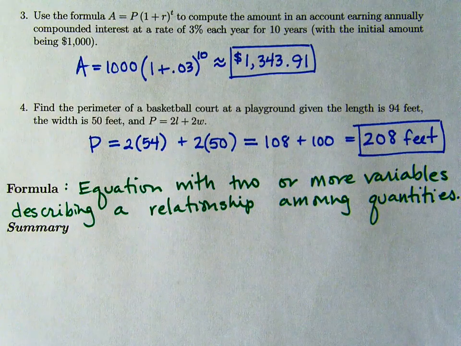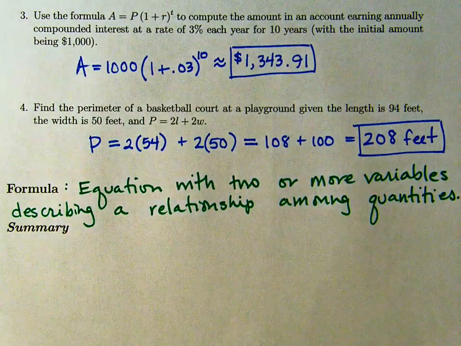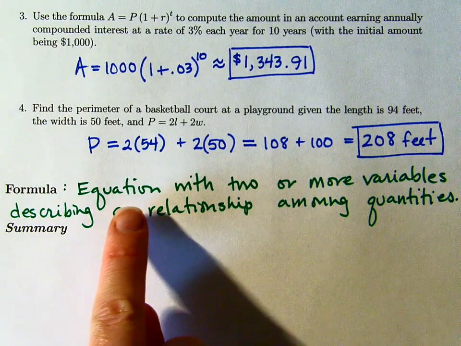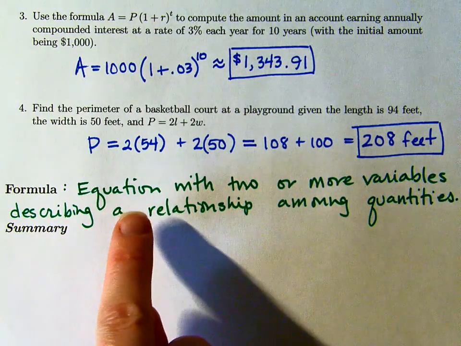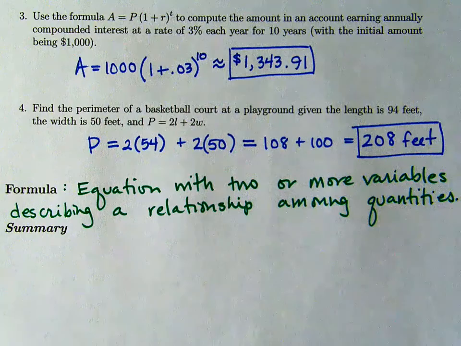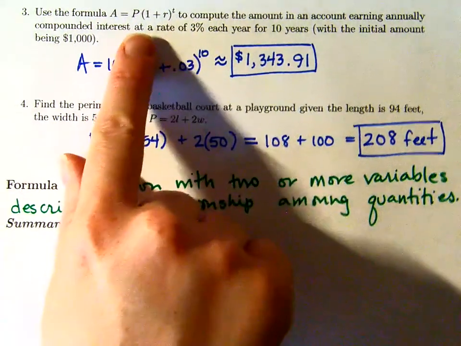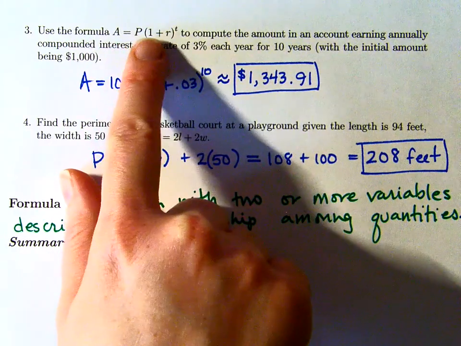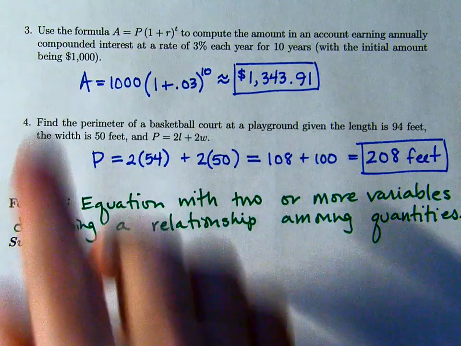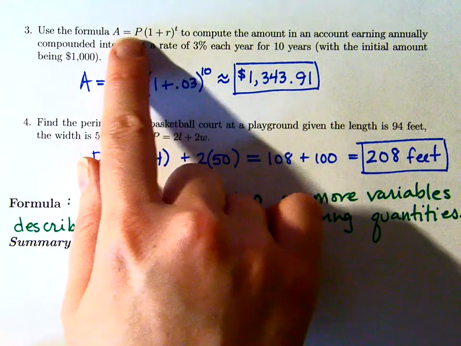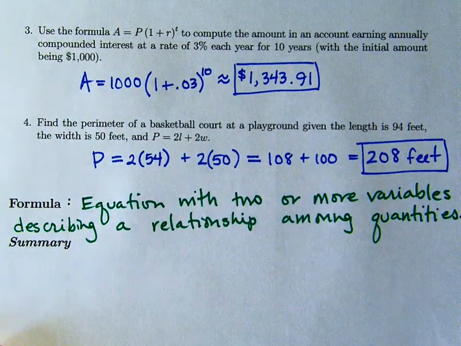Functions are a type of formula with a very special property: for every input there's exactly one output. Now, here it depends on what you call the input, because there are so many variables here, 4 variables.